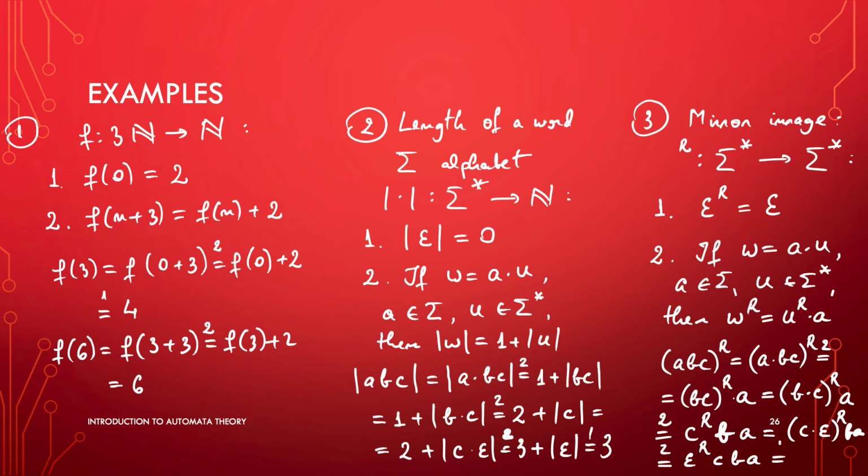And then finally, by applying the first condition, the mirror image of the empty word is the empty word, so the result is simply C, B, A. And intuitively, that's exactly what you would hope to get with this definition. The reverse or the mirror image of ABC is CBA, and that's exactly what we got. And again, we got this through repeated applications of these conditions 1 and 2.